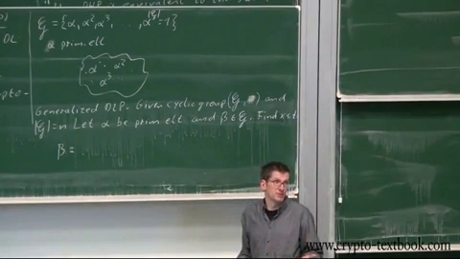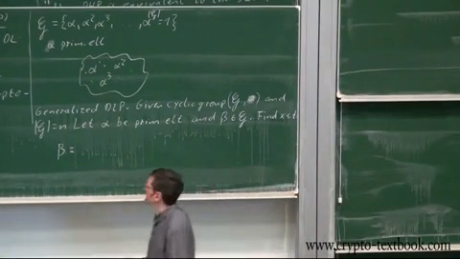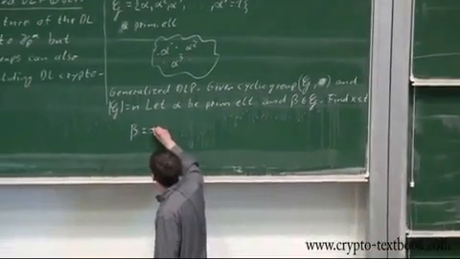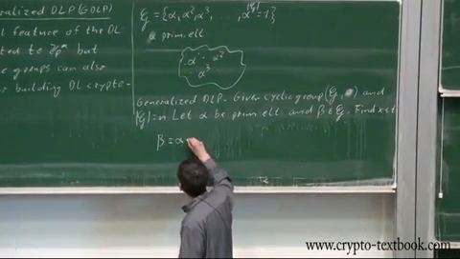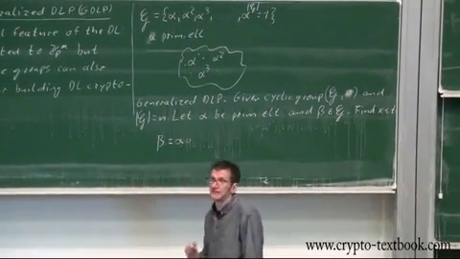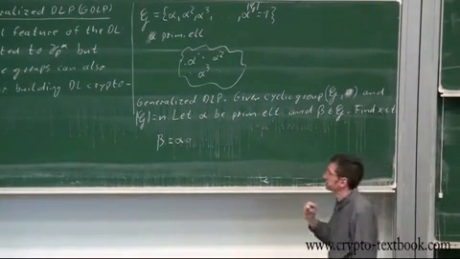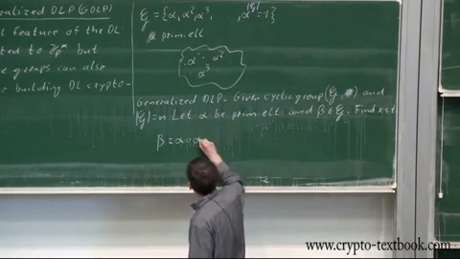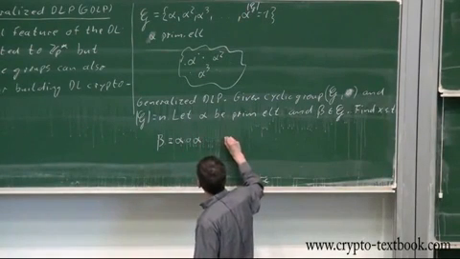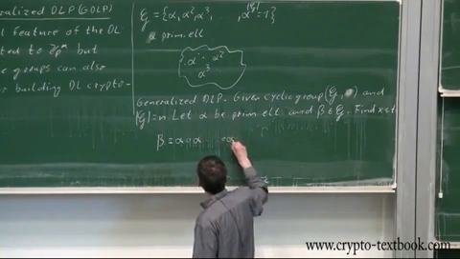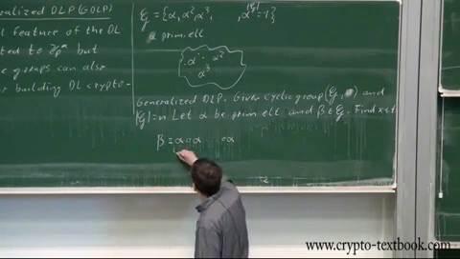Ultimately, we want to compute beta, or beta must be the result of some computation. So you take alpha, you apply the group operation, and right now it's a little donut. We don't know whether it's additive or multiplicative. Times alpha, and so on, times alpha.